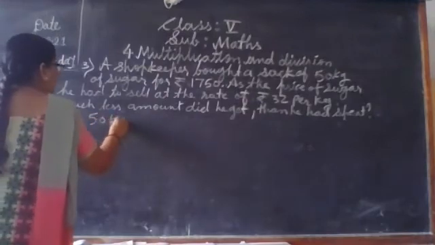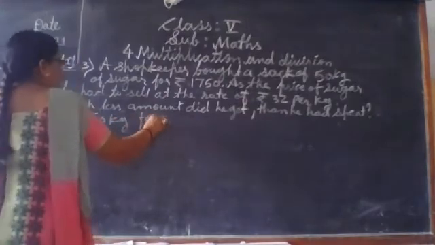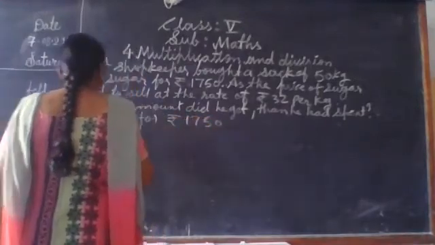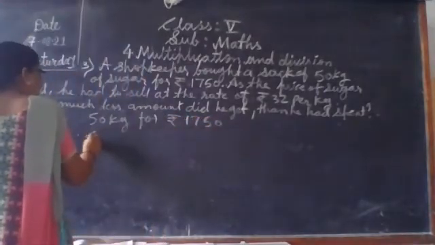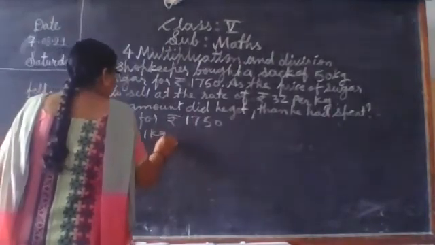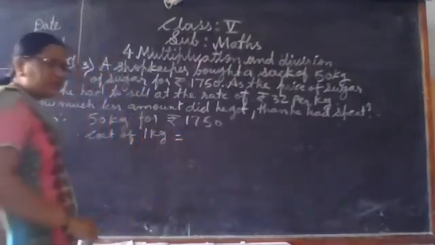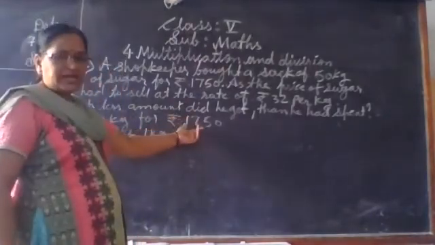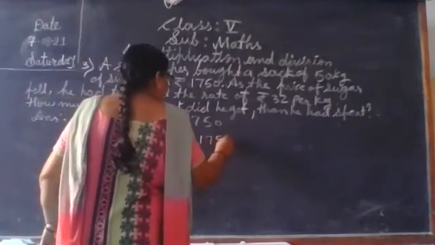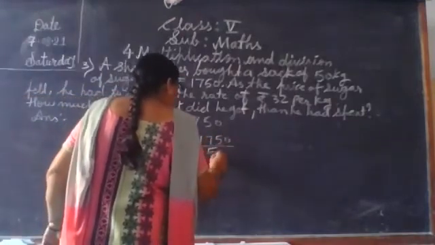50 kg for rupees 1,750. From this information we will find the cost of 1 kg. How will you find the cost of 1 kg? We will divide this by 50. So 1,750 divided by 50.